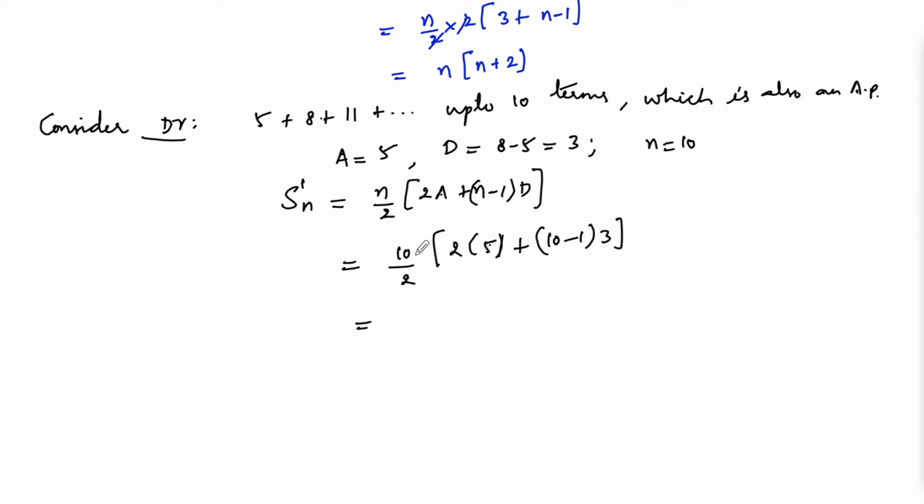So upon simplifying, 5 times 2 is 10, plus 10 minus 1 is 9, 9 times 3 is 27. So we have 5 times 27 plus 10, that is 37. So 5 times 37 is 150 plus 35, 185 is the sum, the denominator.